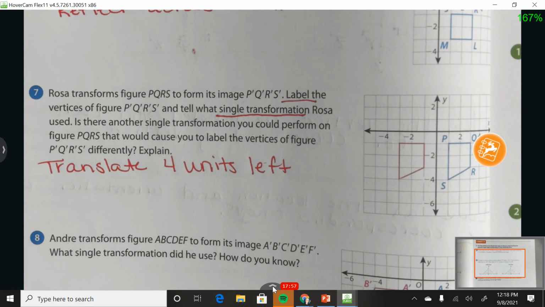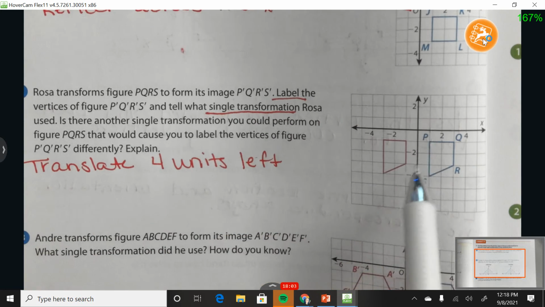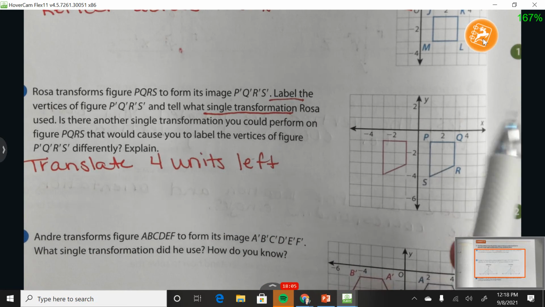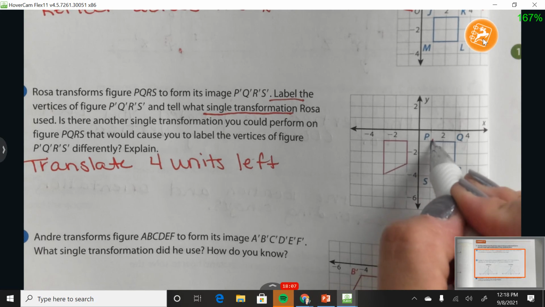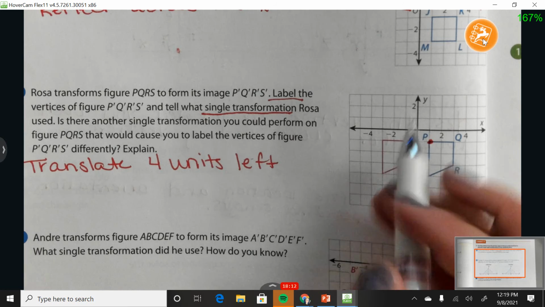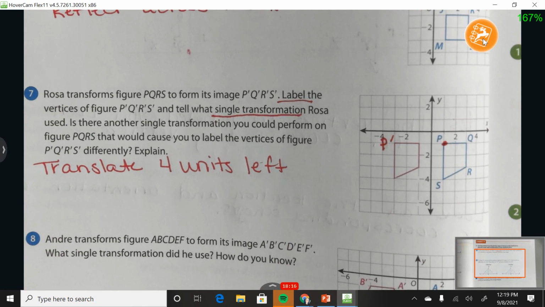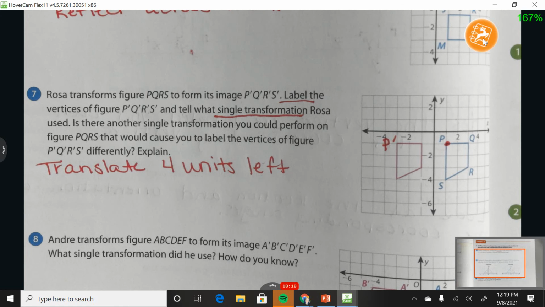Write the new labels. PQRS prime. So if it's translating 4 units left, that means that P goes 4 to the left. 1, 2, 3, 4. P prime. Make sure you have Q, R, and S.